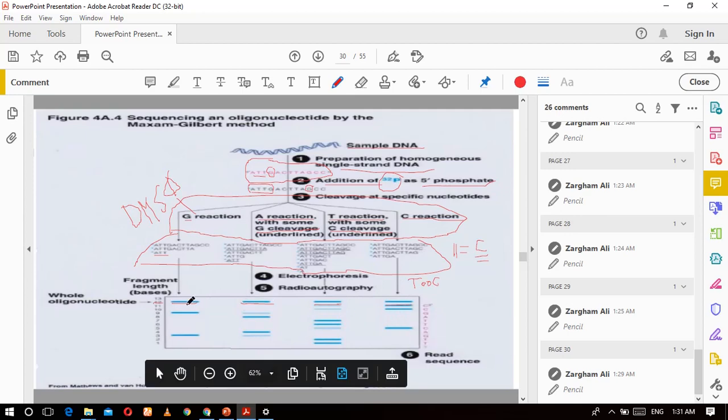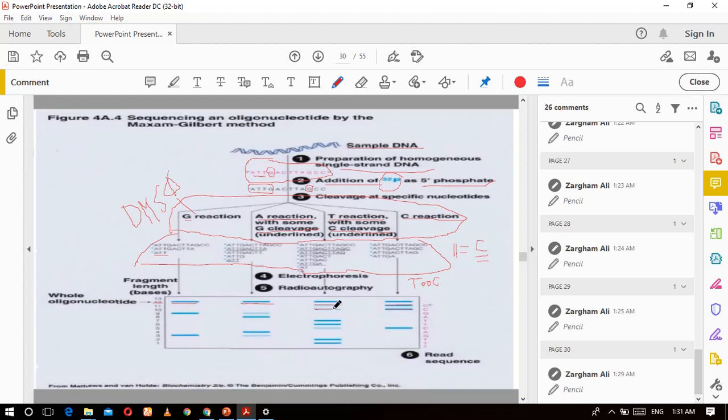After this, at base 10 again we have the C lane and the T and C lane. This is exactly the same, as it is not possible to have two bases at the same place.